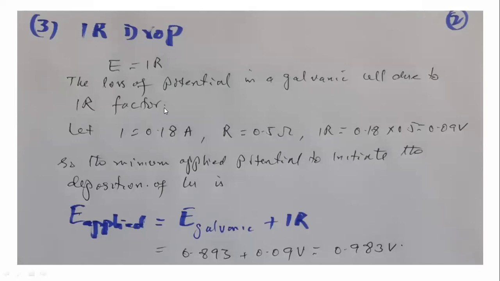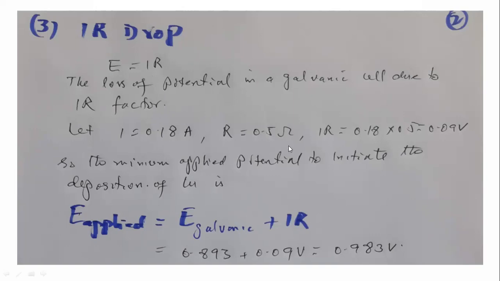So if you make this reaction reversible in the opposite direction, as we are going to consider in this lecture, you have to provide more potential, which is the loss due to this. That's why this is called the IR drop. Drop means loss of potential due to the resistance.